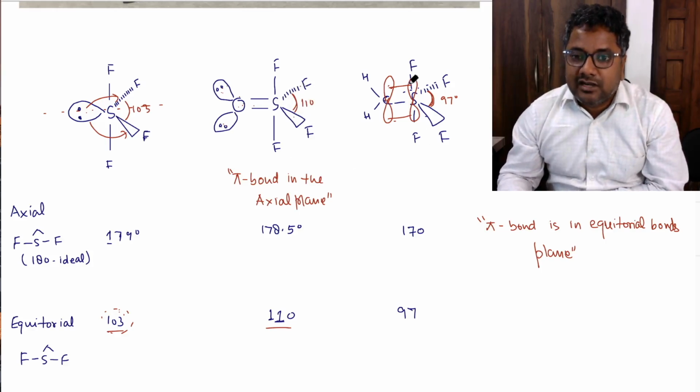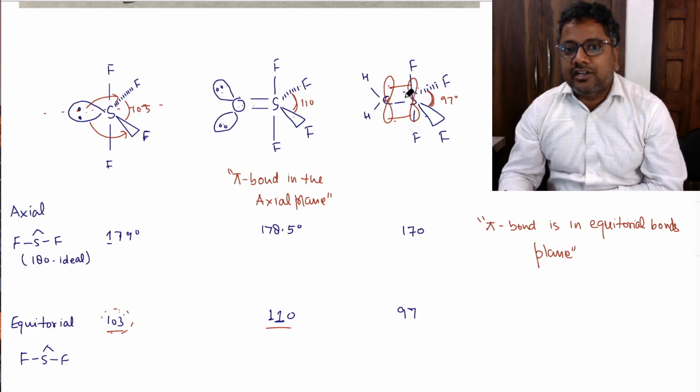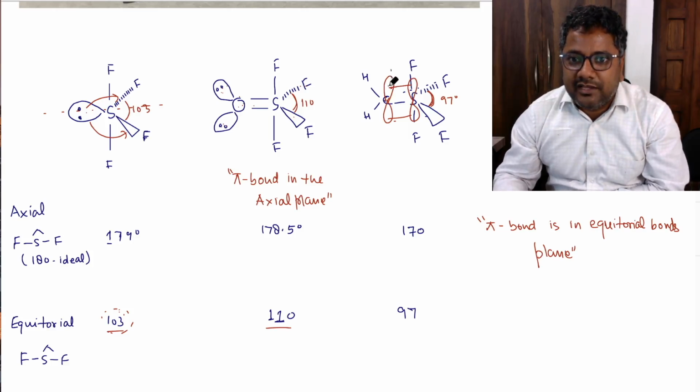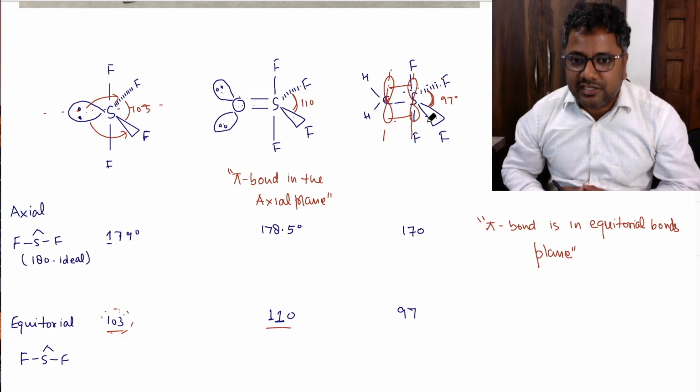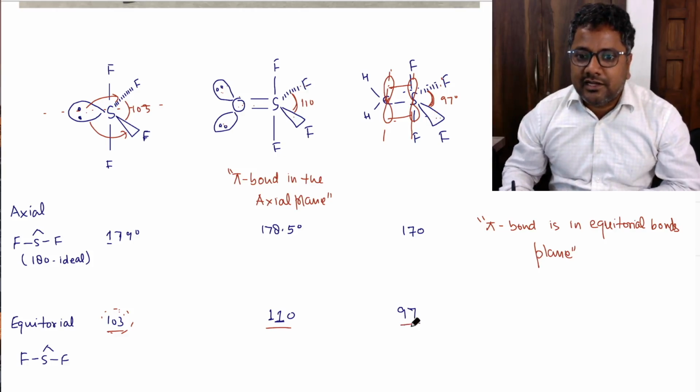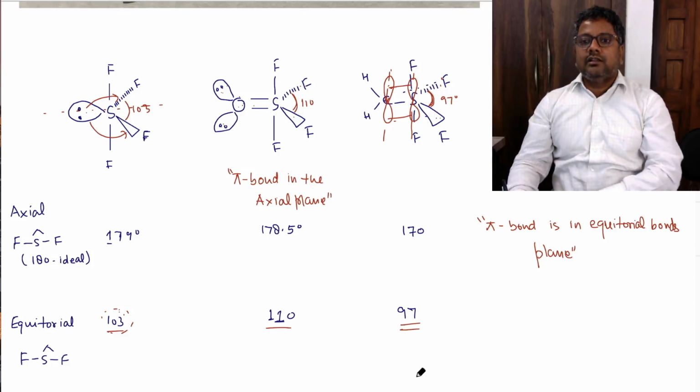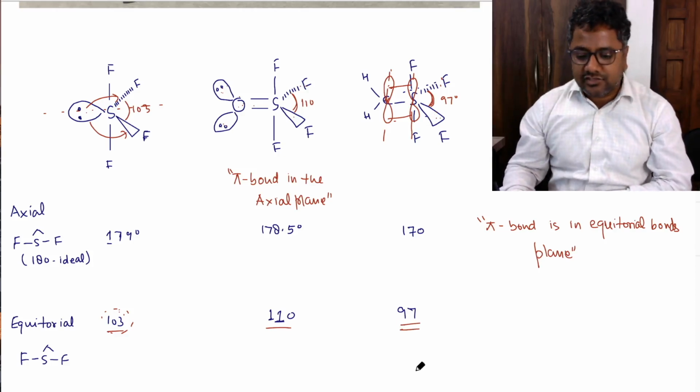But here, a very, very important example, the plane of this pi bond is the same as these two fluorine, so there is a dramatic decrease in the equatorial bond angle, right?